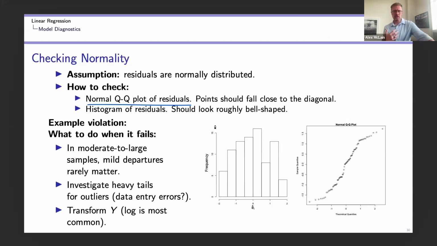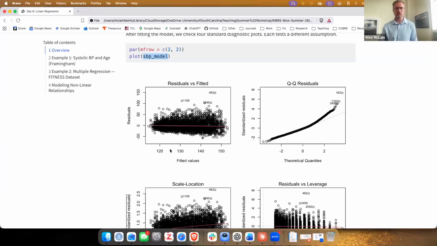If I were to change things here, what I would do is I would transform Y, transform the systolic blood pressure measurement using a log. So I would model the log of Y versus modeling just the standard Y. That's usually the best way to address this.